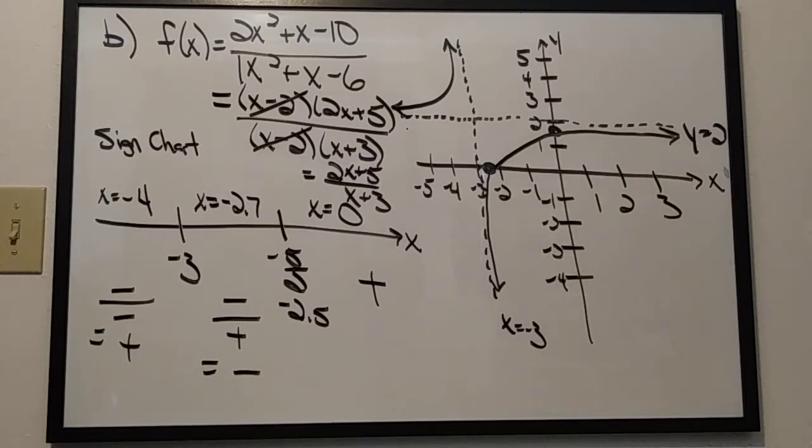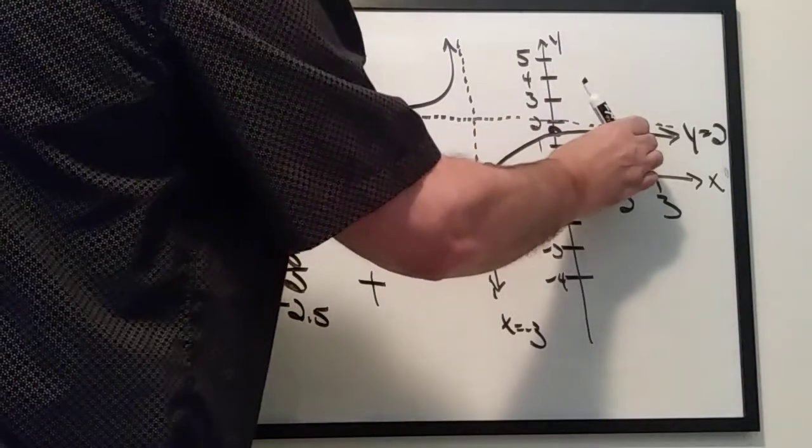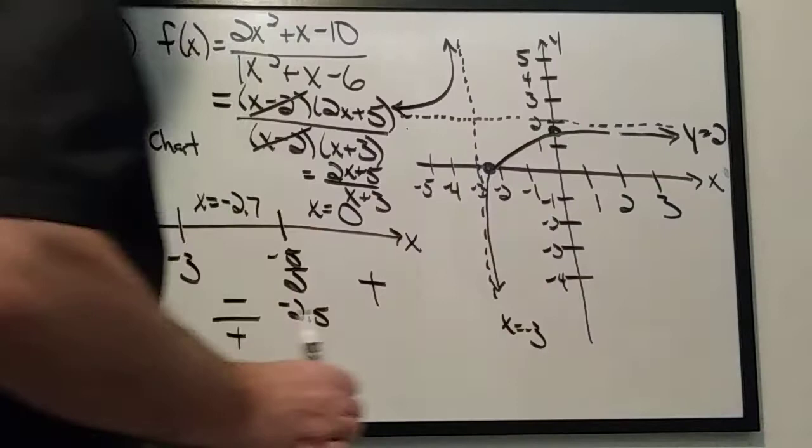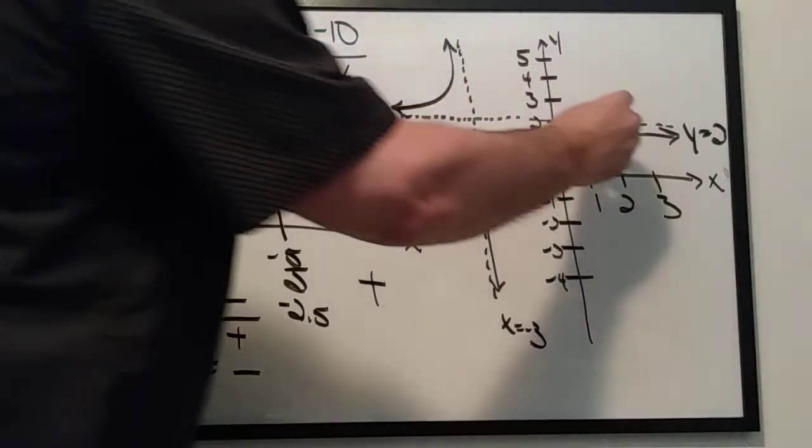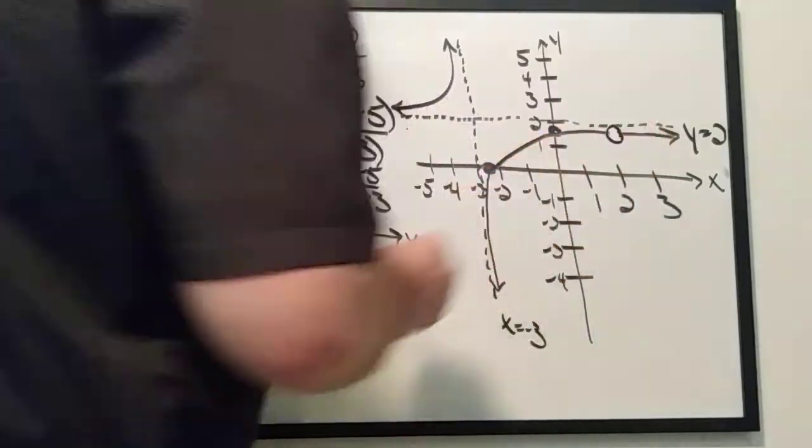That cannot happen because 2 is not in our domain. So we need to figure out a way to remove 2 from our graph. We're going to have to erase that point off of the graph. But if you simply erase the point, sometimes it doesn't demonstrate the idea that that point went away, so you want to put an open circle right there.